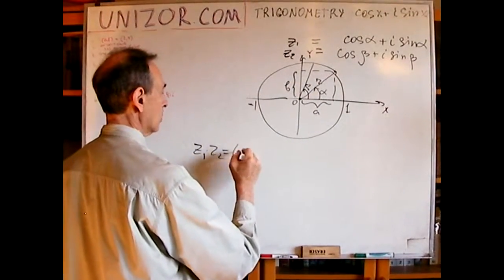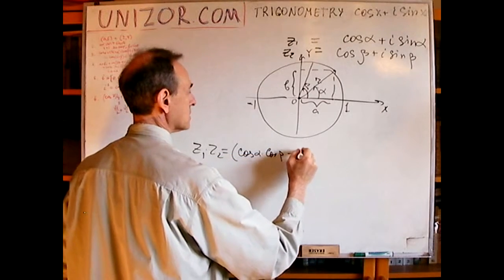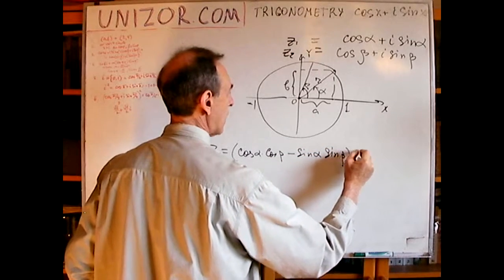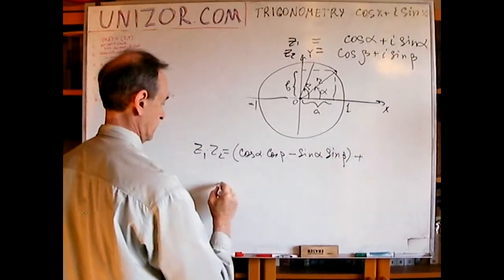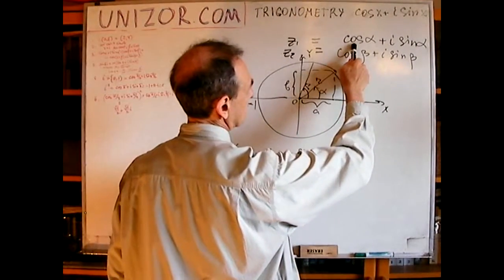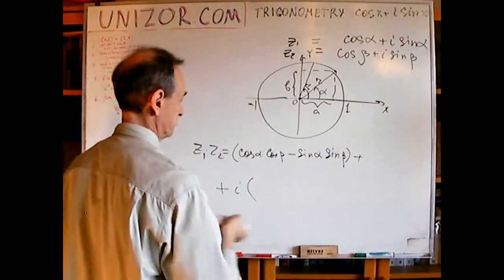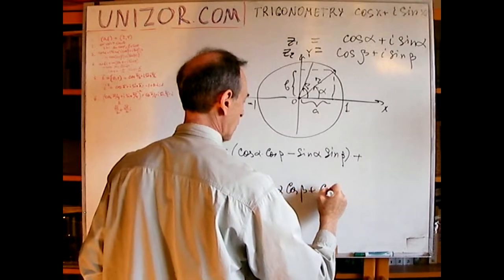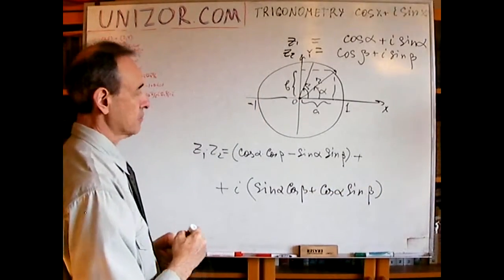So the real part would be cosine alpha times cosine beta minus sine alpha sine beta, plus i times, okay, what's the imaginary part? With i we will have cosine alpha sine beta and sine alpha cosine beta, right? Sine alpha cosine beta plus cosine alpha sine beta. That's the result of multiplication.